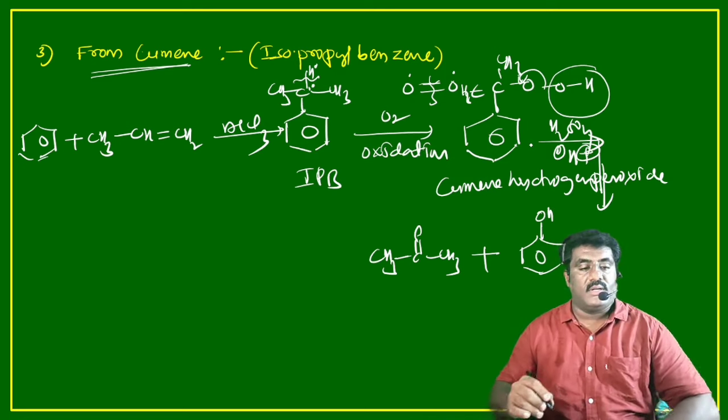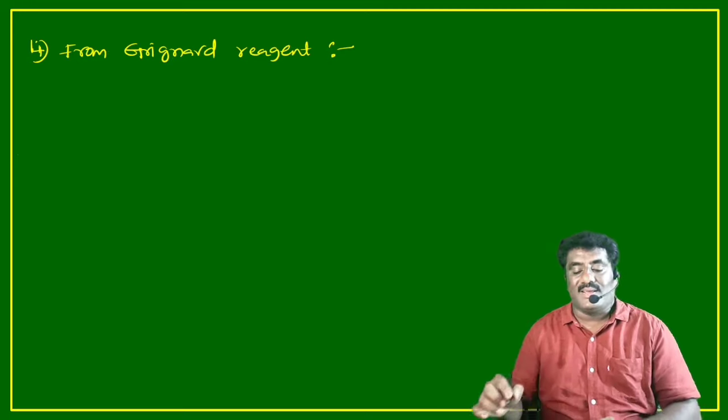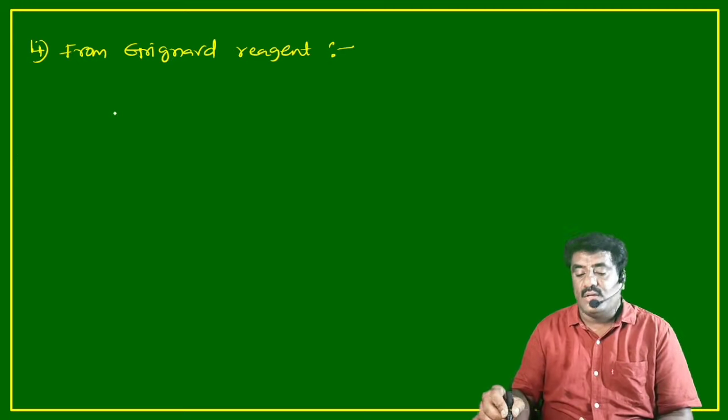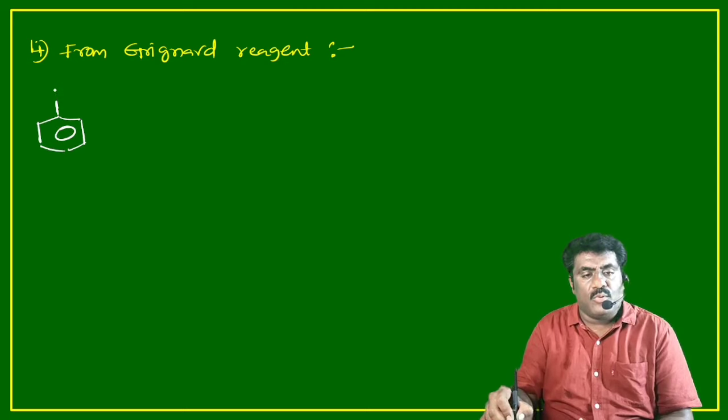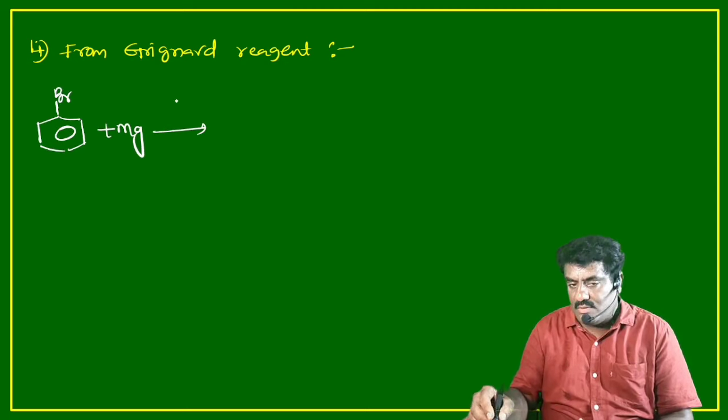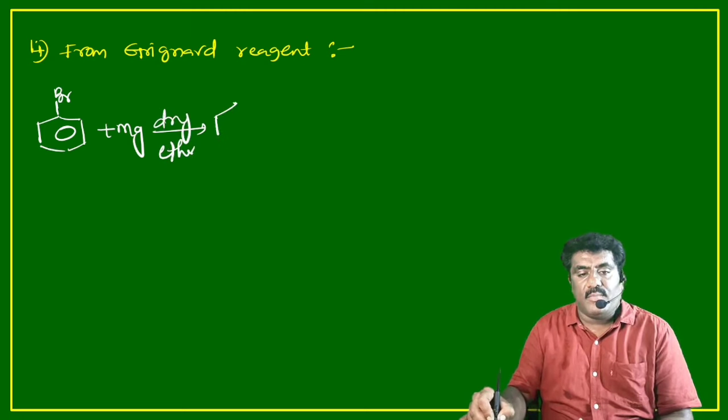Next method is from Grignard reagent. I am taking bromobenzene in presence of magnesium in dry ether to form phenyl magnesium bromide.